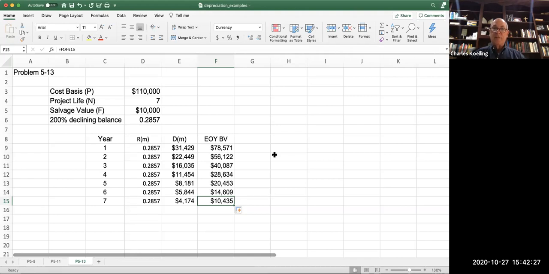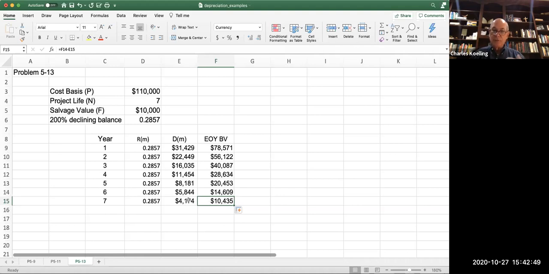So we didn't get to 10,000, but as you'll notice in all these calculations, the salvage value is never used. It never showed up in any of the calculations we did, or finding the rate or anything. The fact that it's even that close to $10,000 is happenstance. That is, it's nothing planned that it would be even that close.